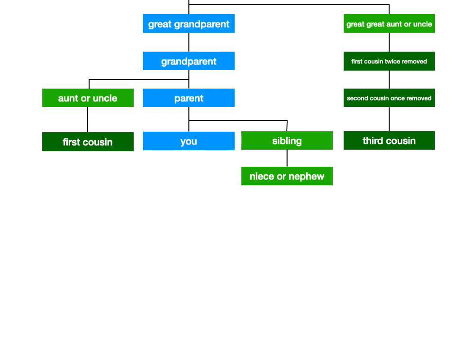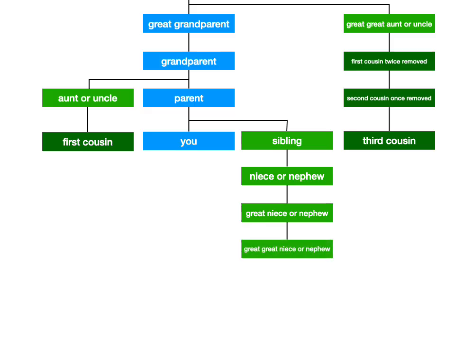Your niece or nephew regards you as their aunt or uncle. And if we take it down another notch, then we get to great niece or nephew. Another notch beyond that, and it's the great-great niece or nephew. That's the same sort of thing that we get with the aunts or uncles. You just keep adding greats to the niece or nephew relationship.